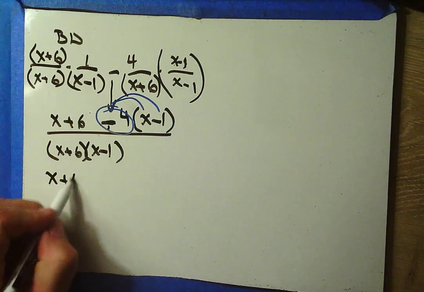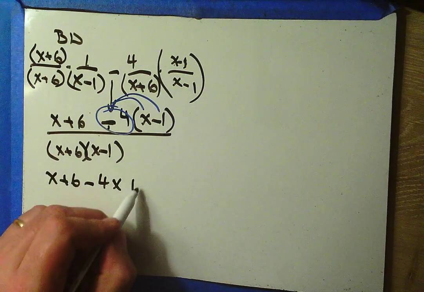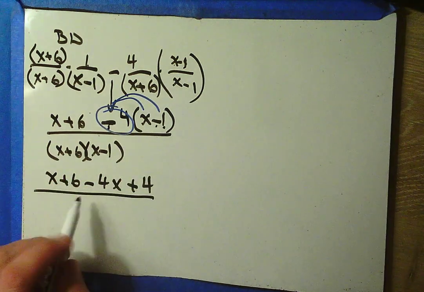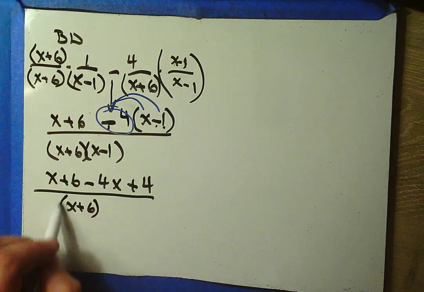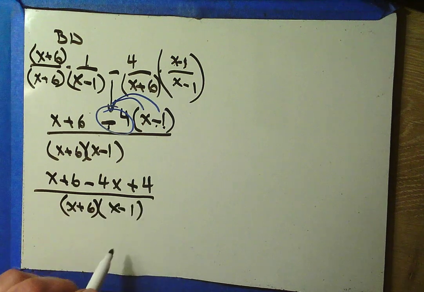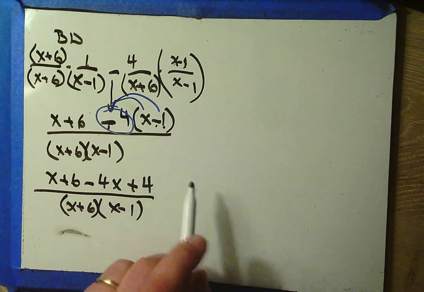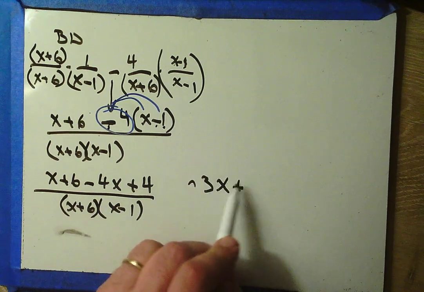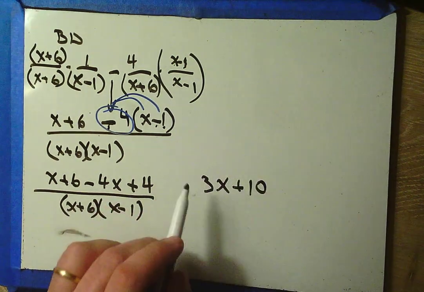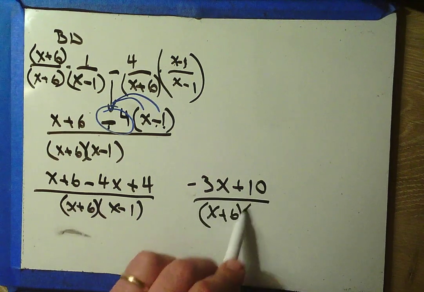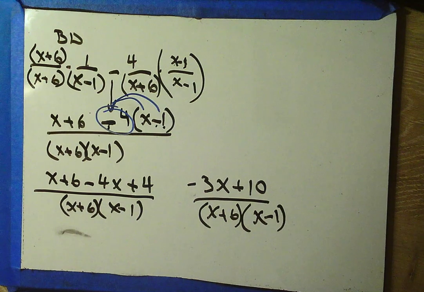We've got x plus 6 minus 4x plus 4. Remember, minus and minus is plus. All over x plus 6, x minus 1. So if we tidy this up, we get negative 3x plus 10 all over x plus 6, x minus 1.